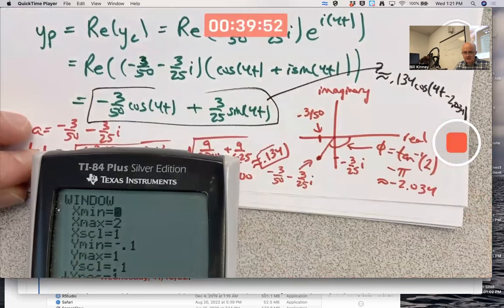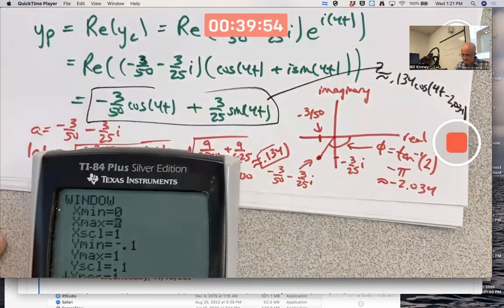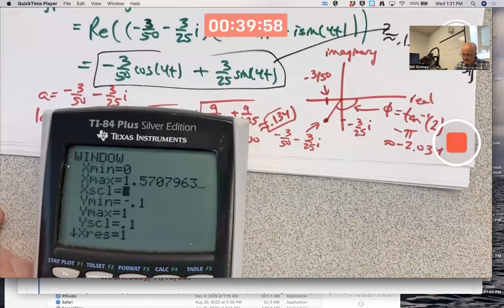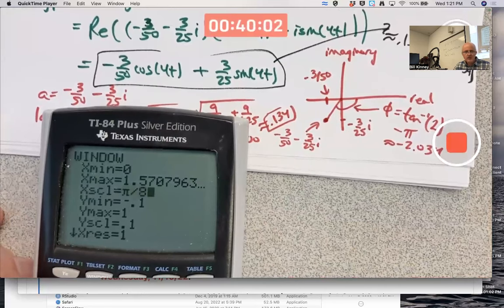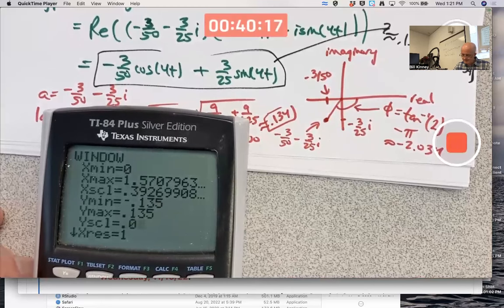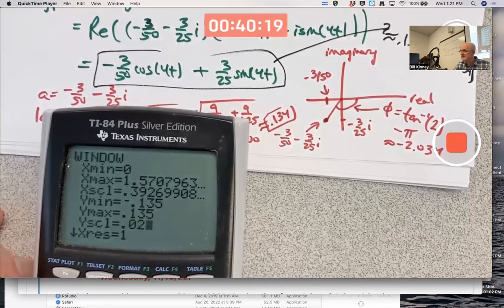So let's let x go from 0 to pi over 2, and we'll make the tick marks pi over 8 apart. The amplitude is supposed to be about 0.134, so let me try negative 0.135 to positive 0.135. Let's see if it looks good or not.